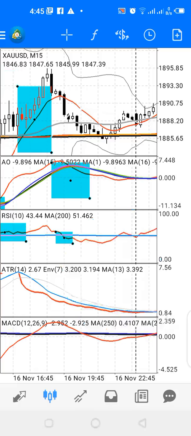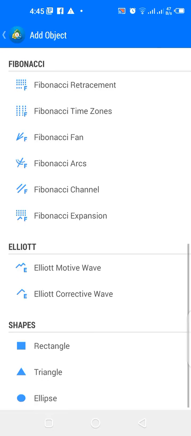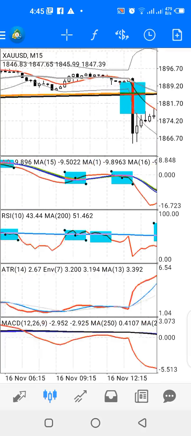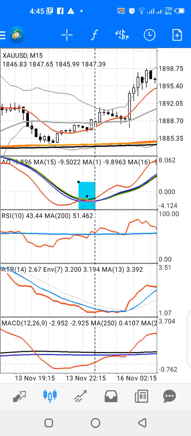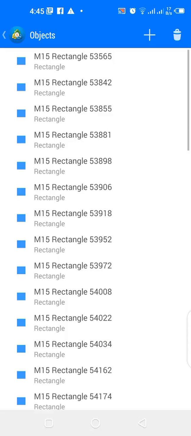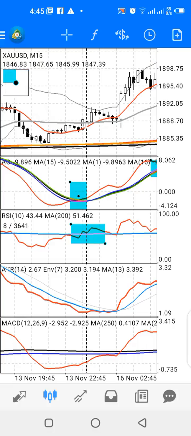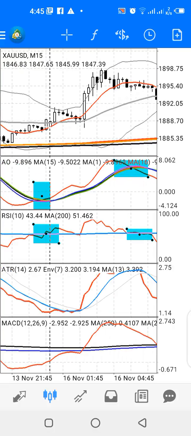If you have a cross up, red line crossing above the blue line, that's a buy signal. Like you have another cross up here, where the red line crosses above the blue line, for you to have your buy signal.